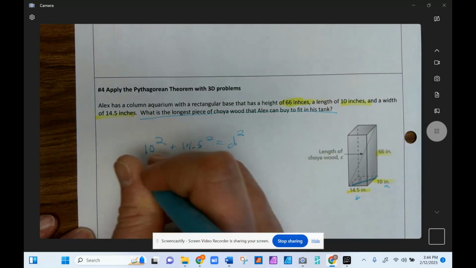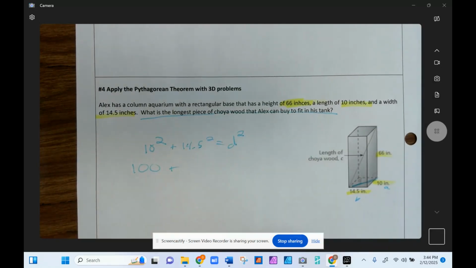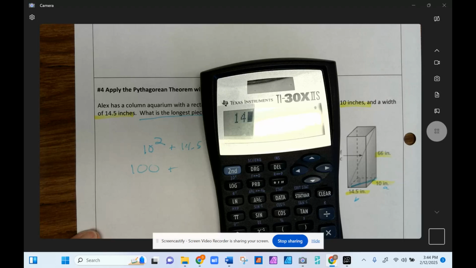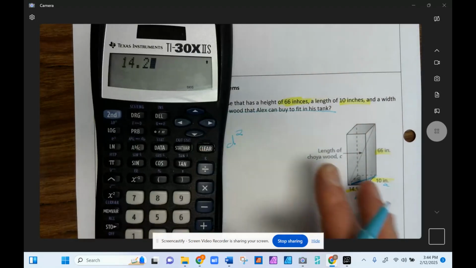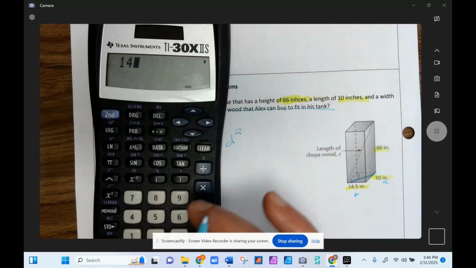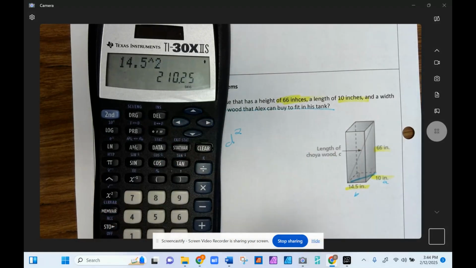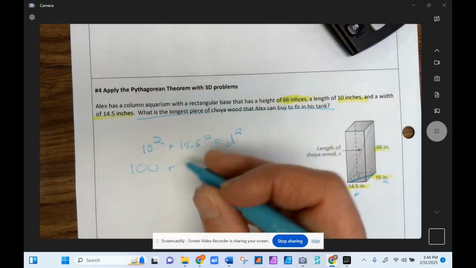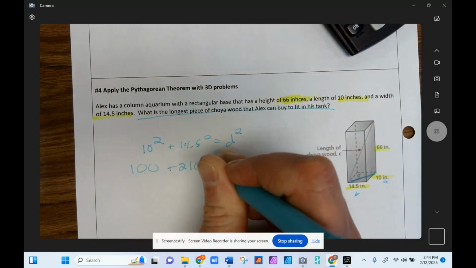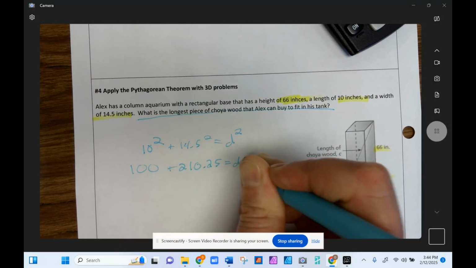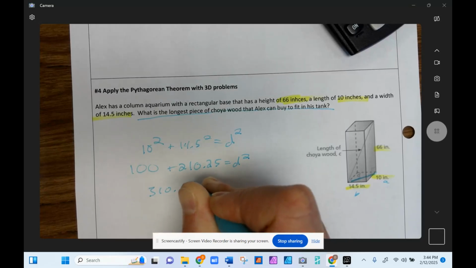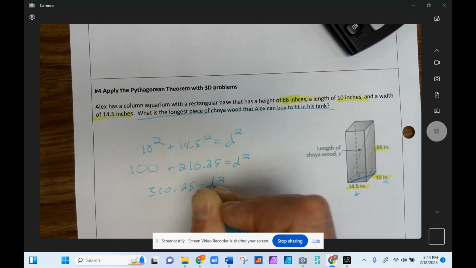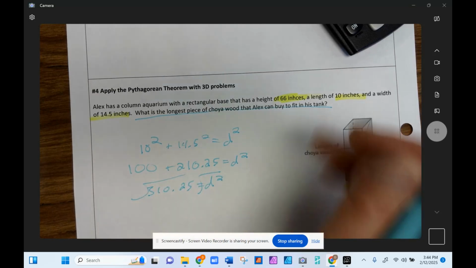So it's going to be 100 plus, 14.5 squared gets us to 210.25 is equal to D squared. So we're going to add these together. So we get 310.25 is equal to D squared, square root.